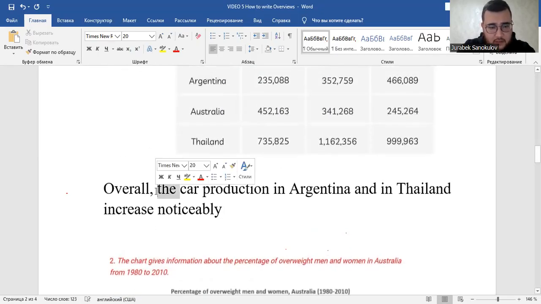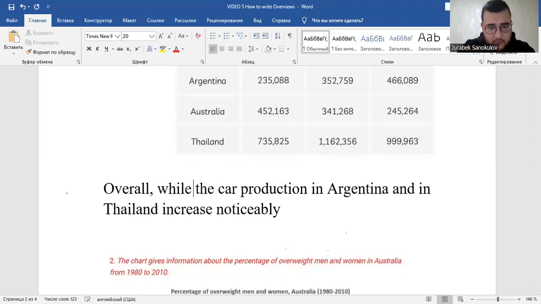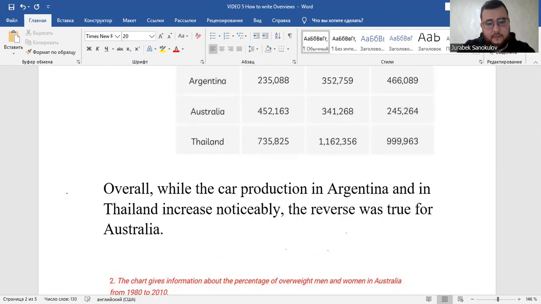Well, let's use this, let's use while. Increased noticeably. The reverse was true for Australia. So we included the three key features.